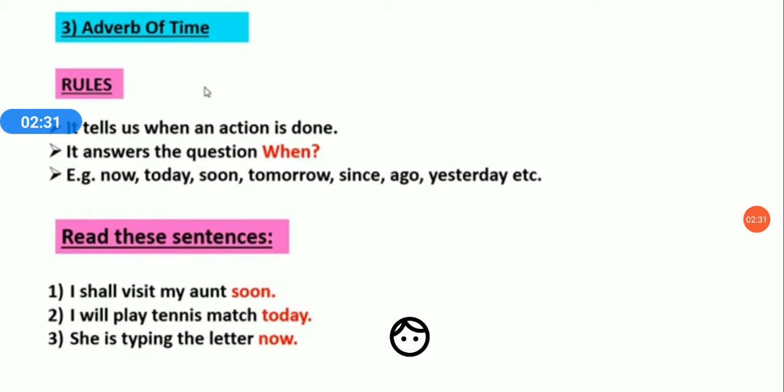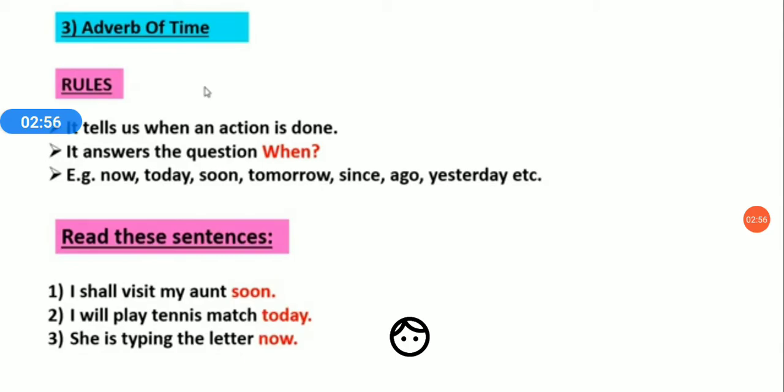Now read these examples. The first example is: I shall visit my aunt soon. When shall I visit my aunt? Soon. I will play a tennis match today. When will I play the tennis match? Today. She is typing the letter now.